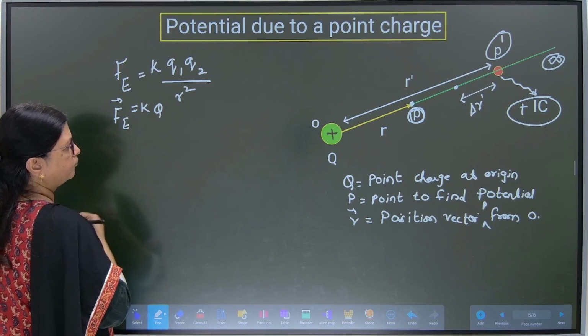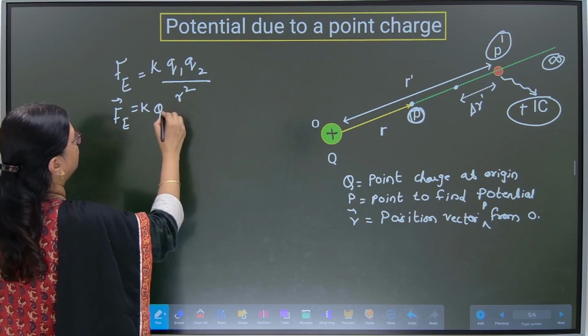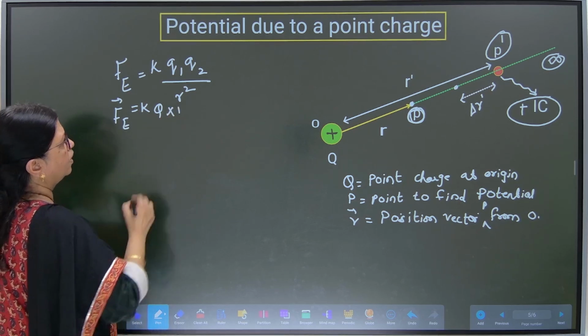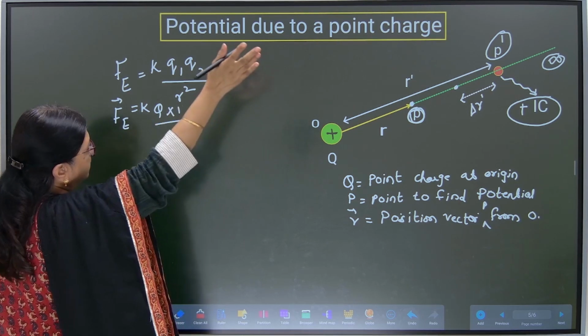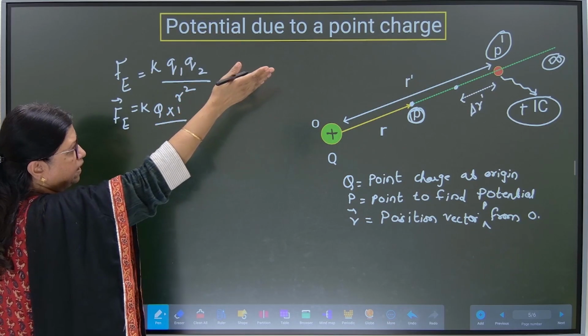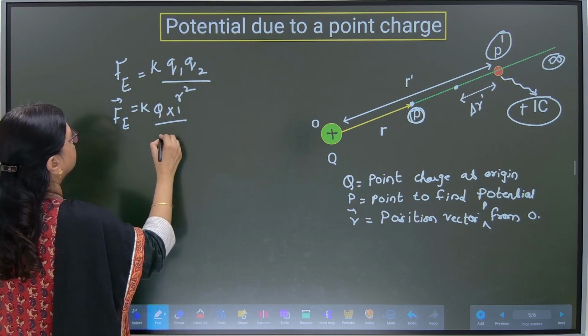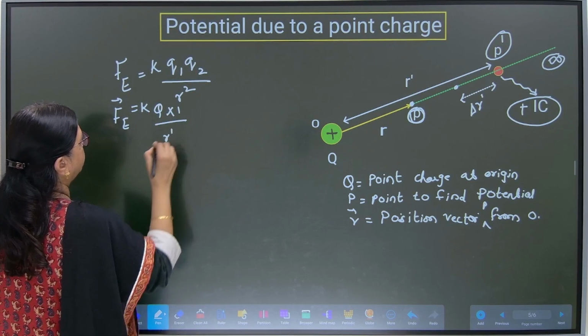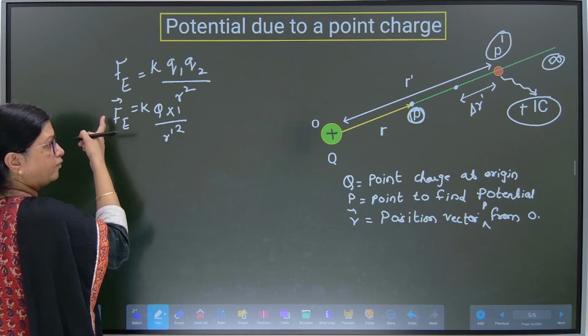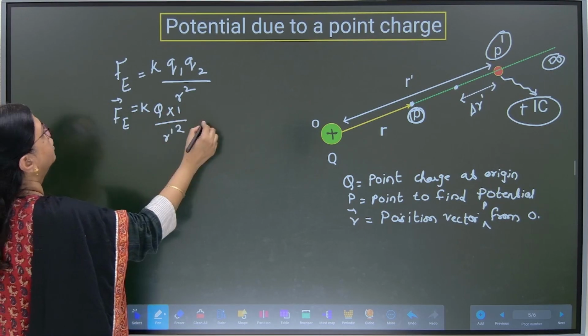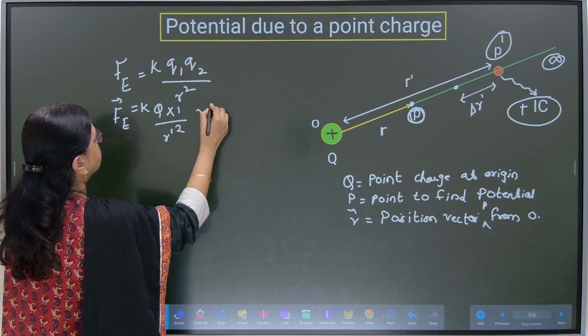Capital Q. What is our Q2? 1. What is the distance between Q and P dash? At present, our charge is at P dash. So, what is the distance? R dash square. If I have written it as a vector, so here also I will write it as R dash cap.